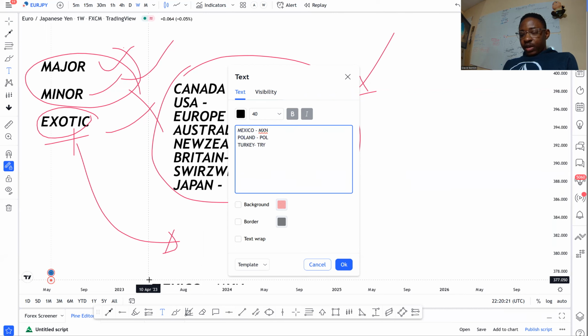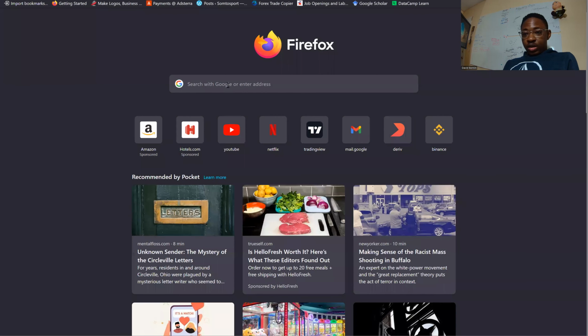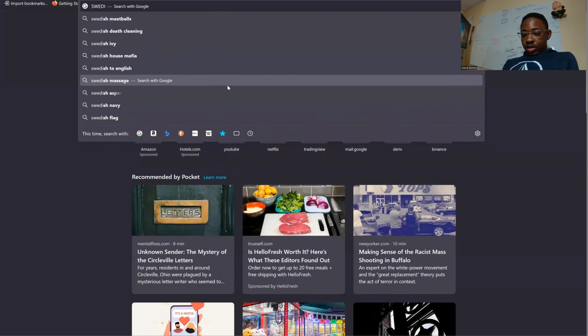We have Sweden. They spend the, oh, I think that's confusing. This is the Swedish krona. Sorry, 1 second.